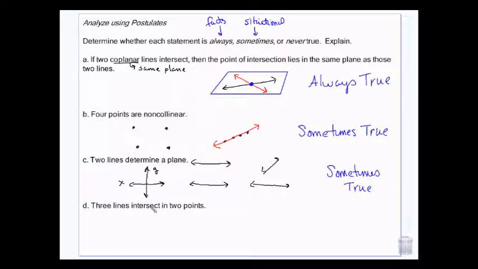And then three lines intersect in 2 points. That's 3. That's 1.